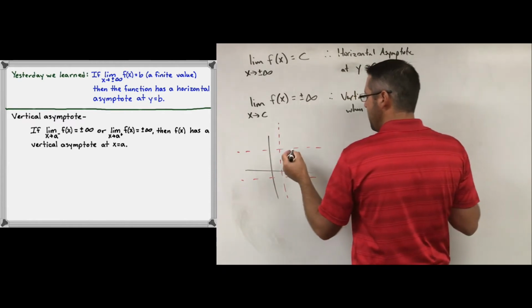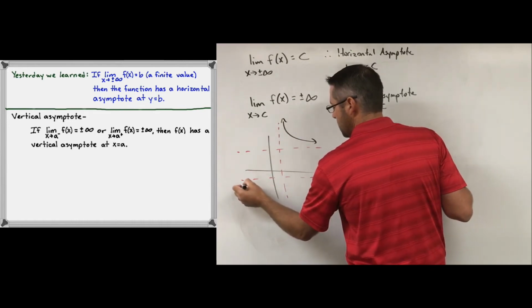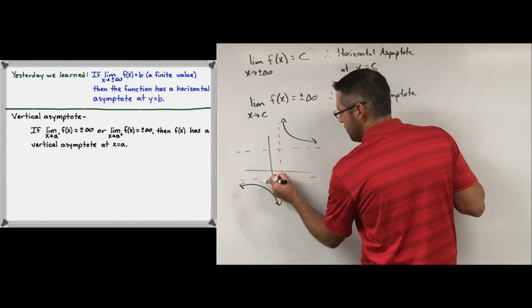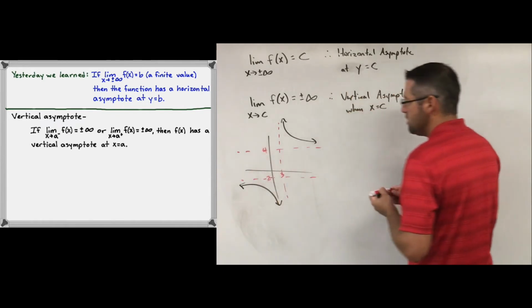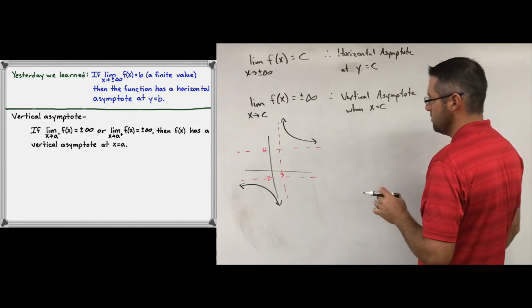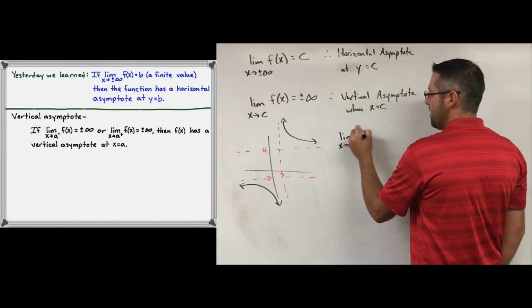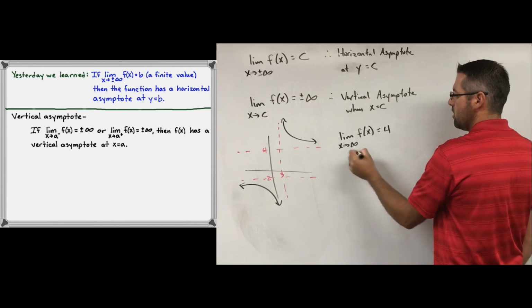Okay? Maybe we have a graph that looks something like this. And let's call this 3. Let's call this -2, and let's call this 4. Now you can see that we have 3 different asymptotes here. So we would say the limit as x approaches infinity of f of x is 4.